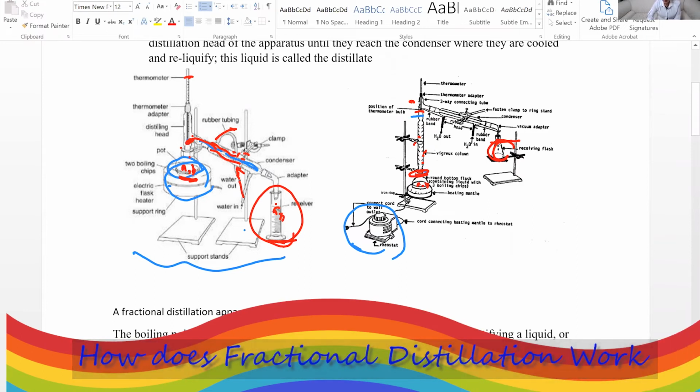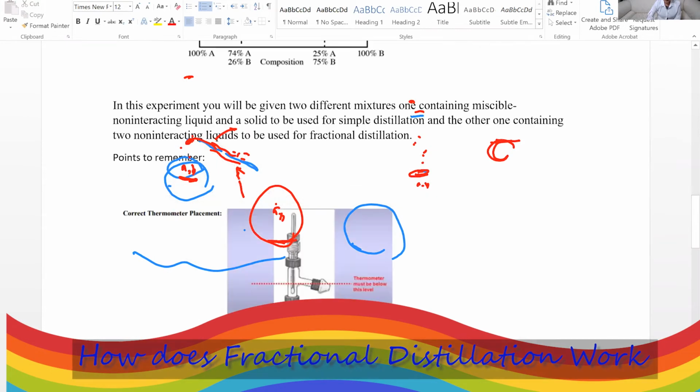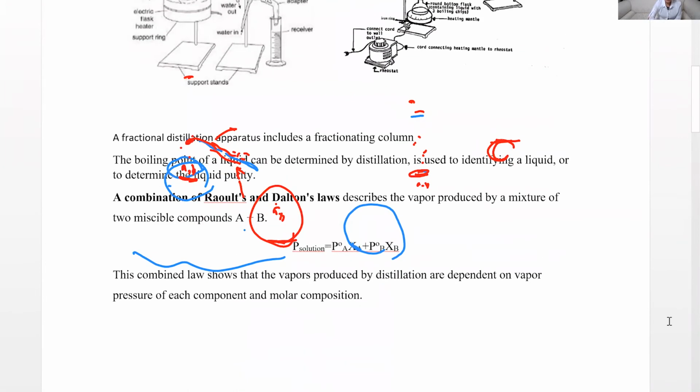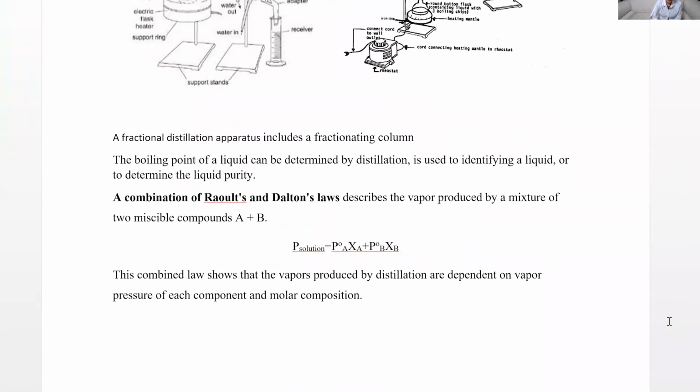How does fractional distillation work, or how is that different from simple distillation? In order to explain that, you can use the combination of Raoult's and Dalton's law. It says that for the vapor produced by a mixture of two miscible compounds, the amount of vapor contributed from each depends on the vapor pressure and also the mole fraction of each of the components.